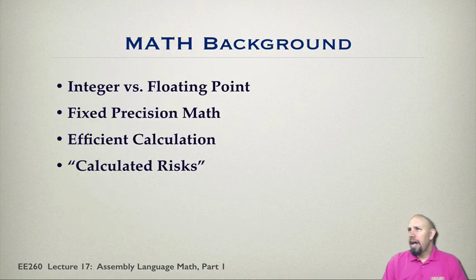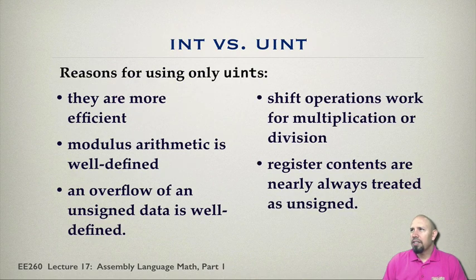In terms of math background, it's helpful to understand the differences between integer calculations and floating point calculations. It's helpful to understand the concept of fixed precision math and efficient calculations and calculated risks. As we go through here, for the most part, we're going to be doing integer calculations.